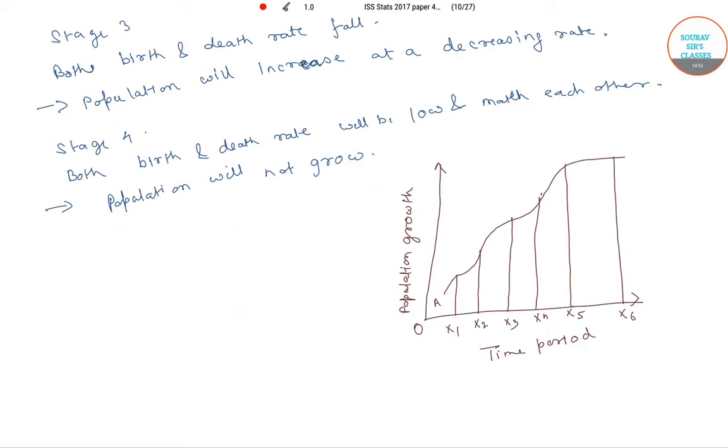Now this is the graphical representation of the logistic growth curve.